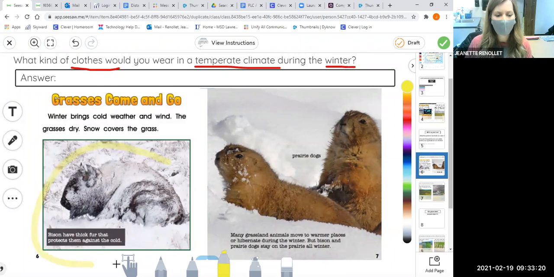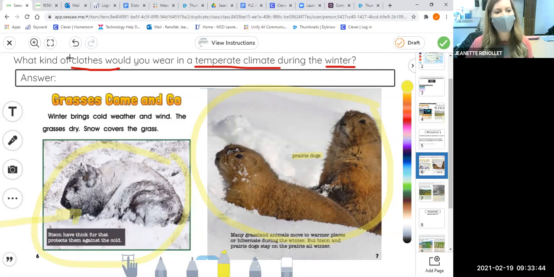I notice this text feature is helping me understand what's going on. Many grassland animals move to warmer places or hibernate during the winter, but bison and prairie dogs stay on the prairie all winter. And this is a label showing me that these are examples of prairie dogs.